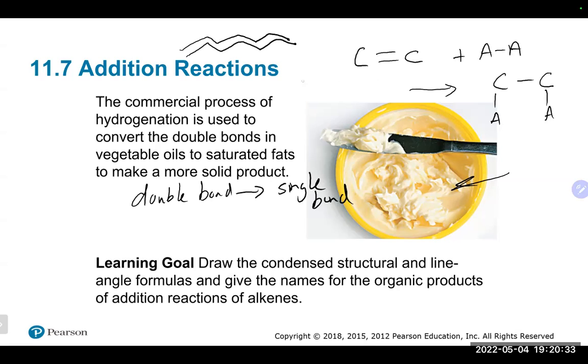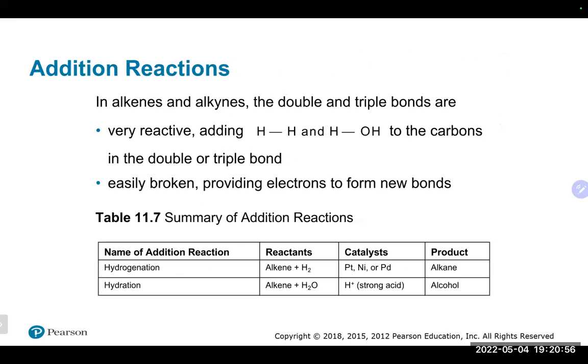When you have double bonds in there, they don't allow these things to sit nicely with each other. They get kinked in the chain, and they're more like oils at room temperature. So you could take an oil and add some hydrogen to it, get rid of some of the double bonds, and then you get margarine that you could put on your bread and all that good stuff.